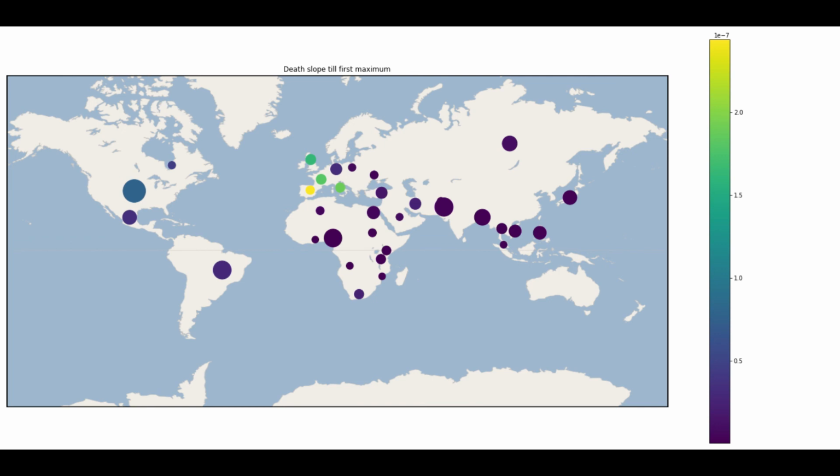So it is kind of an indication of how overwhelmed the country was with the incoming pandemic. So also here we see that in Western Europe the values are the highest.